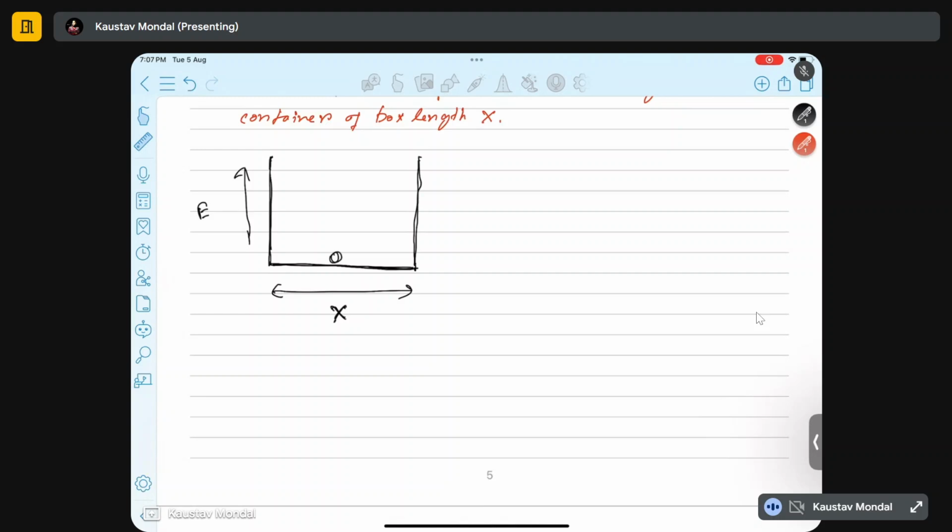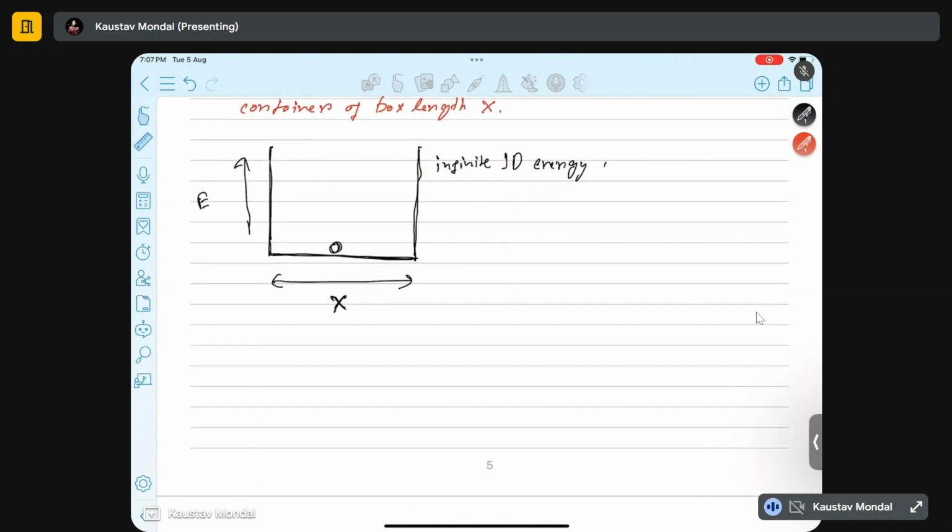If a particle is in an infinite 1D energy well, then for this kind of potential container, if the particle is trapped inside, then from the quantum mechanics point of view, you know the energy level, right?